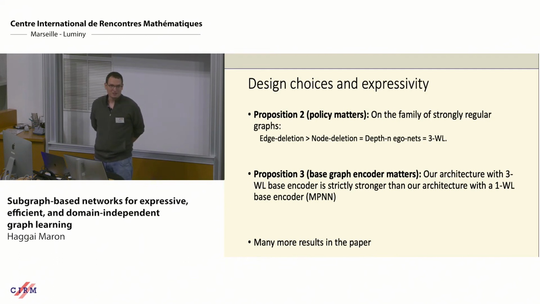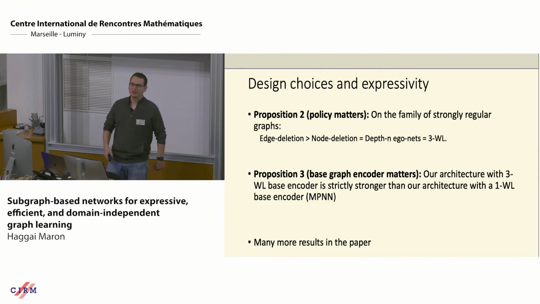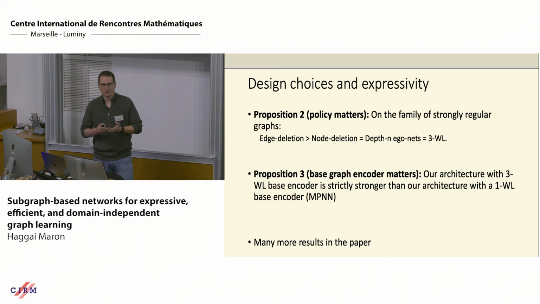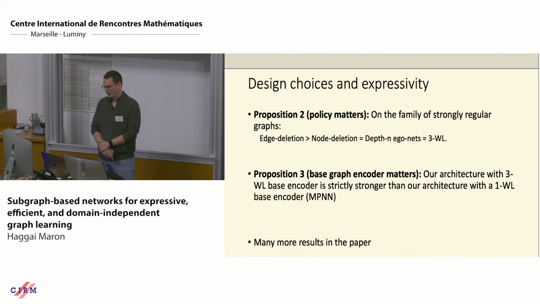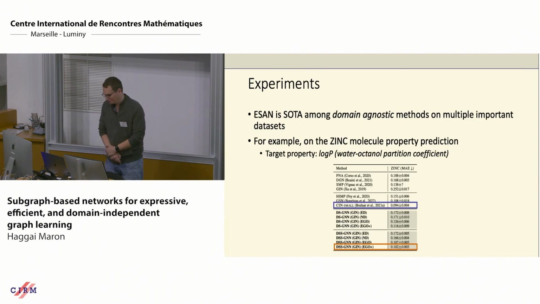Maybe it makes sense to you. I can offer some intuition if you want to talk about it later. And we also show that if you use stronger graph encoders, so let's say that instead of message passing neural networks, I will use some stronger encoder, then we will get higher expressive power. So this is monotone in the expressive power of the base graph encoder that we use.